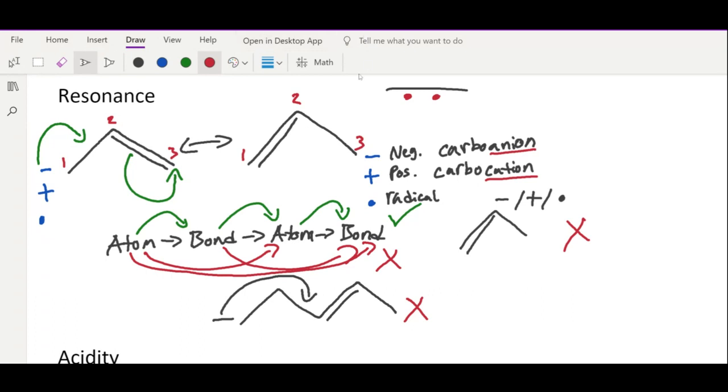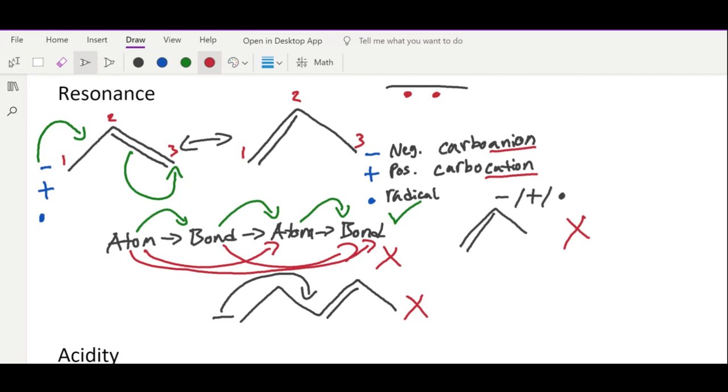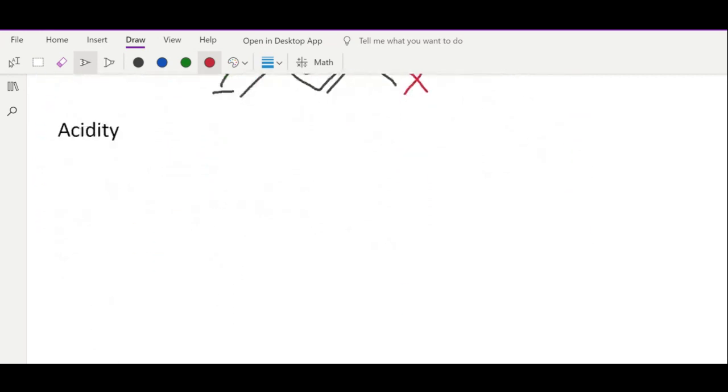All right, now we have about 20-ish minutes. We're going to talk about acidity. Acidity is a topic you will have to apply until the final exam of OChem 2 even. It will appear on every single unit exam. It is that important.